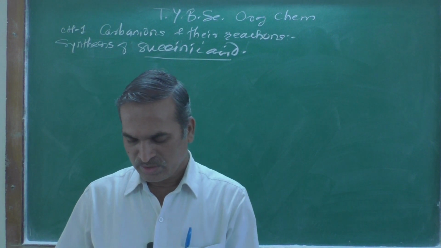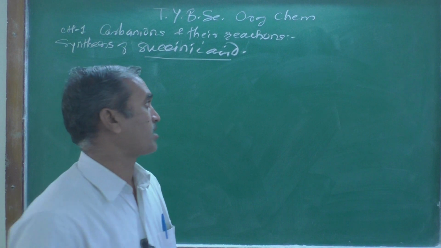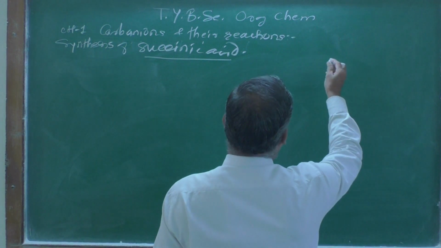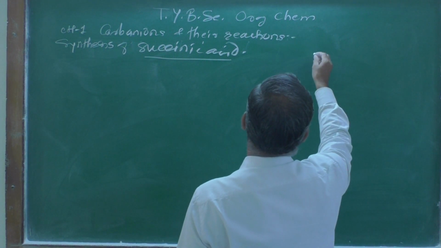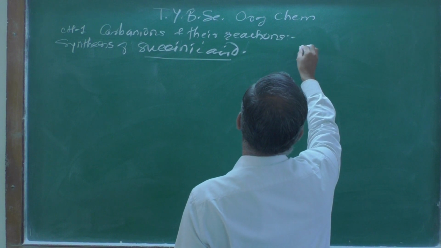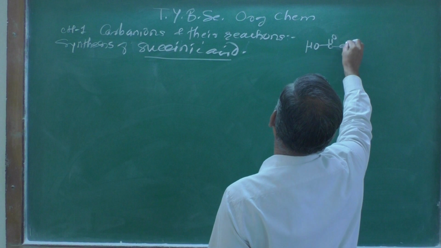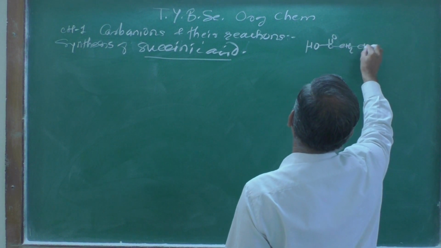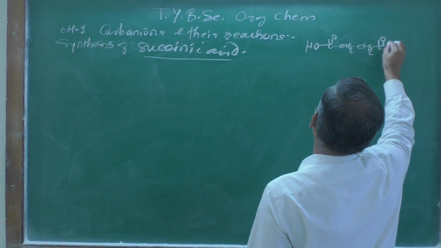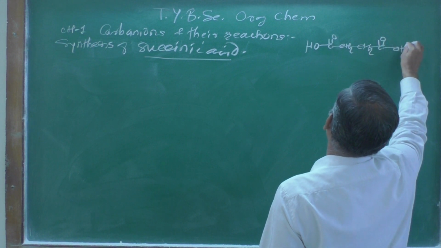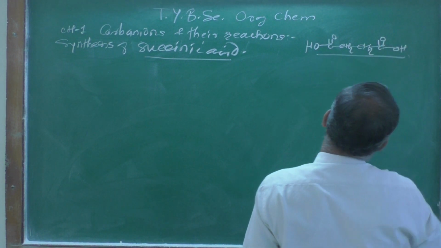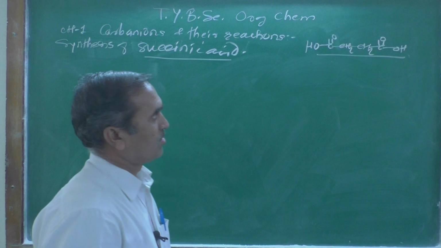How do you synthesize succinic acid? Let us see. The structure of succinic acid will be this one: HO, C double bond O, CH2, CH2 and C double bond O, OH.